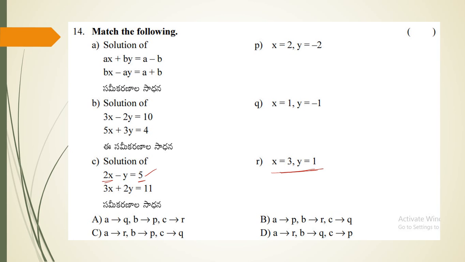So okay, this gives me R for C bit. Next, for B bit, if I substitute 2 and minus 2, 3 2s are 6 plus 4 is 10. So it is satisfying this P option. Obviously this will satisfy Q. So the order is QPR. QPR means option A will come, right?